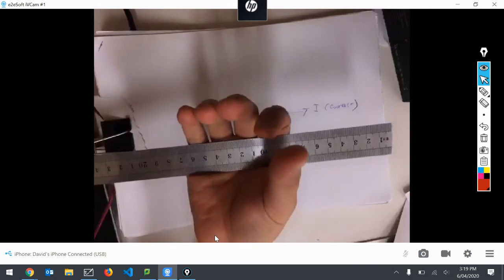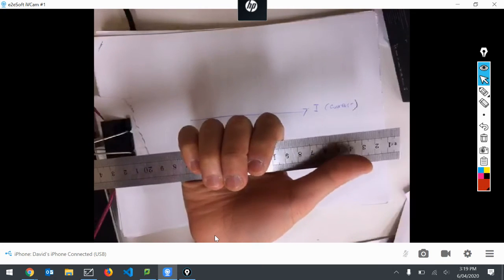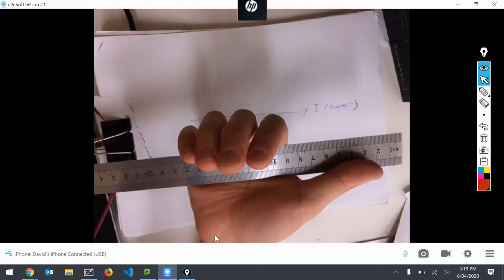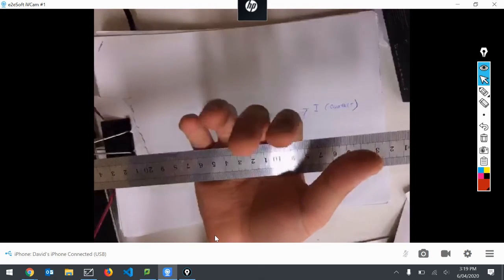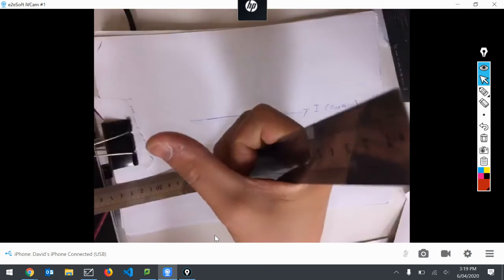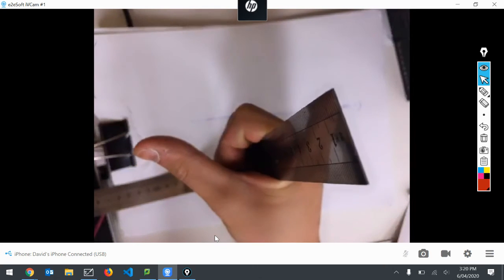If I now put my fist around it with a thumbs up, my thumb is going along the conventional current direction, and the fingers are wrapping around the wire, which means if I look at it this way, you can see it's going anti-clockwise.